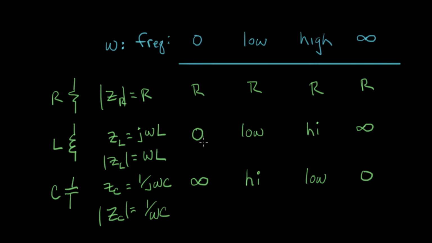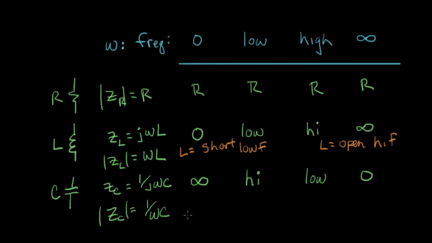So this leads to the expression we say an inductor looks like a short at low frequency, at 0 frequency or low frequency. And now let's go to high frequency. The impedance gets high and it eventually goes to infinity. That's the impedance of an open circuit. So we say L equals an open at high frequency. And it's a short at low frequency.